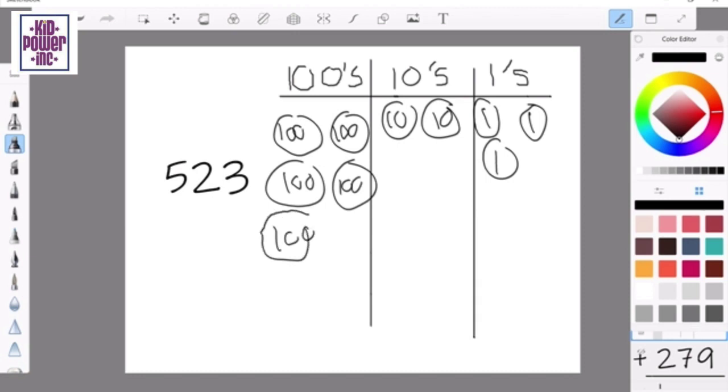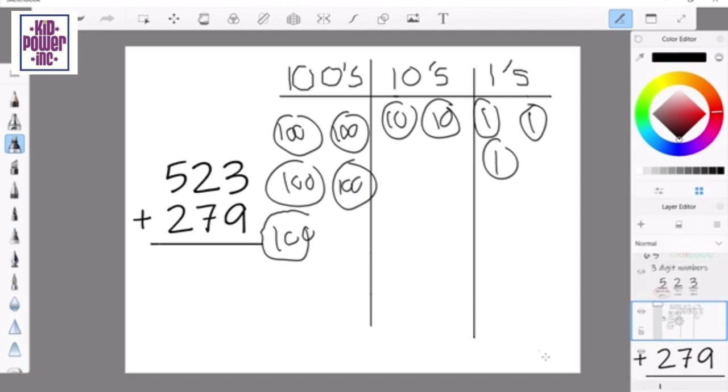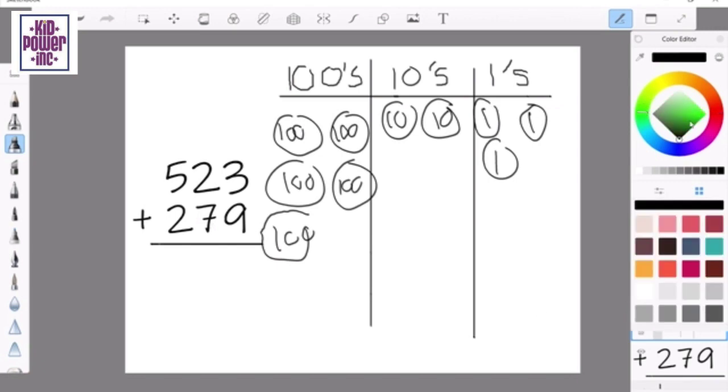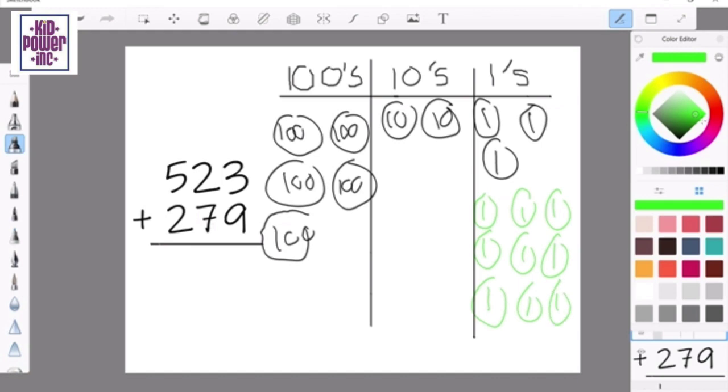Now let's add 523 to, say, 279. So we need to plug in the 279 values. And I'm going to write that in green. We have 9 in the ones place value. So 1, 2, 3, 4, 5, 6, 7, 8, 9.